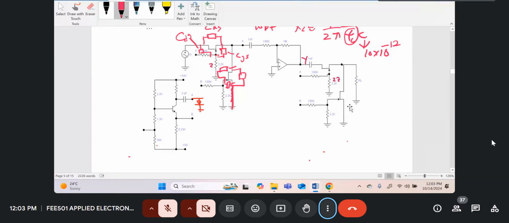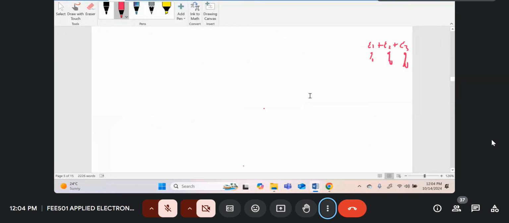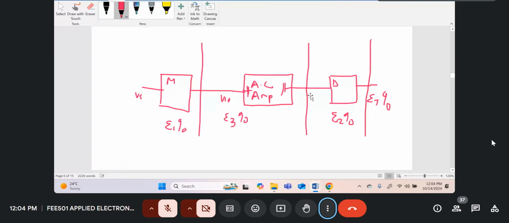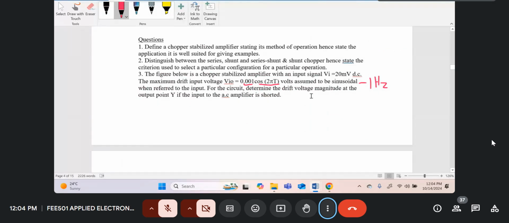Just the gain of this amplifier, use Ri to be the root of 100K squared plus the reactance of 1NF squared. You get the signal at point Y. So that is it. The hint is just cos omega t, omega is 2 pi f, f is 1 in this, so it's a 1 hertz signal.